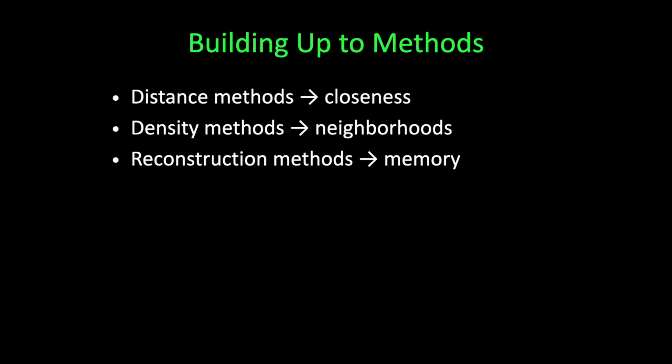Local outlier factor, principal component analysis, or PCA, we talked about already. Also autoencoders. All of those well-known algorithms relate directly to anomaly detection. Once you keep the big picture in mind, those three questions, distance, density, and reconstruction, then the specific algorithms are much, much easier to understand.